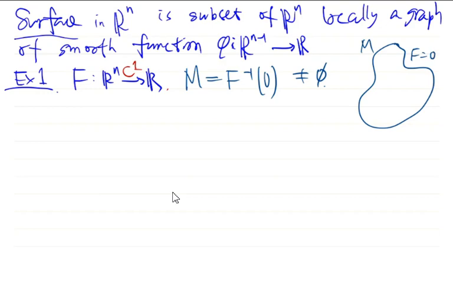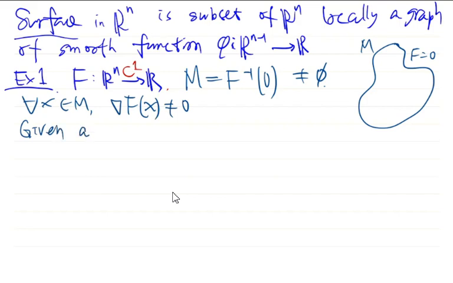Now we assume that for any x in M, the gradient of F is not 0. Okay? So consider a point. For any point in M, given A in M, suppose A is here, we might assume at this point A, the derivative with respect to xn is not 0.